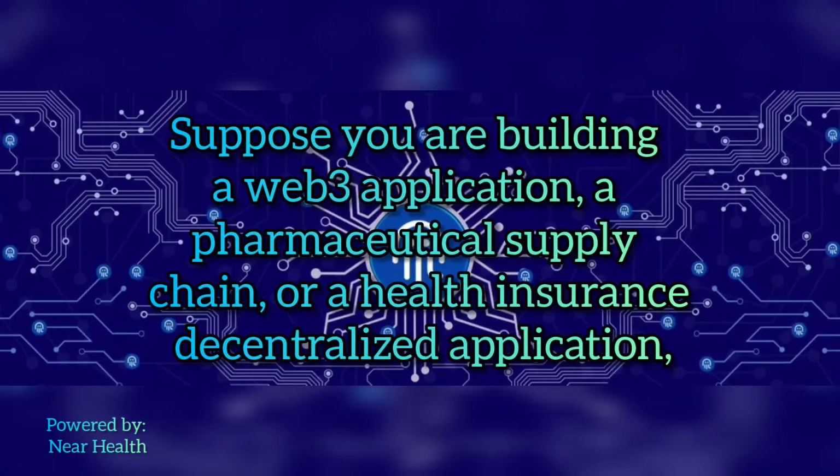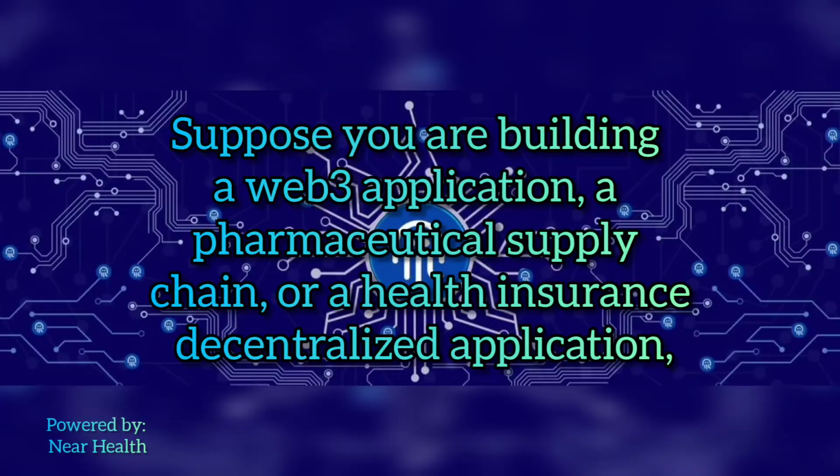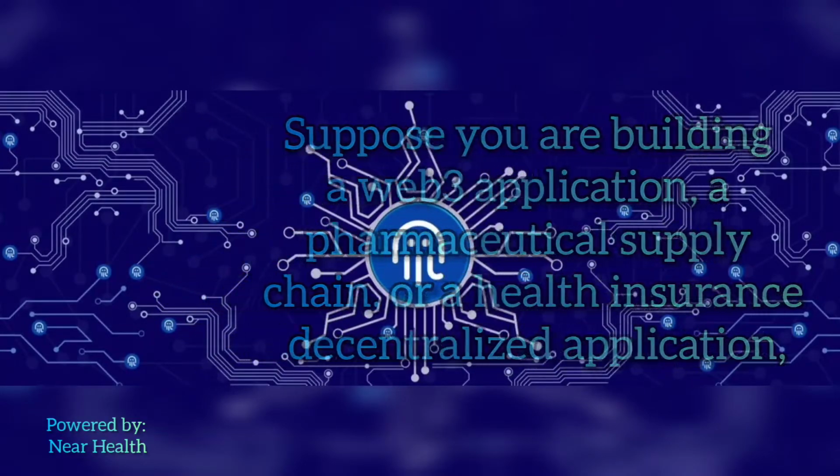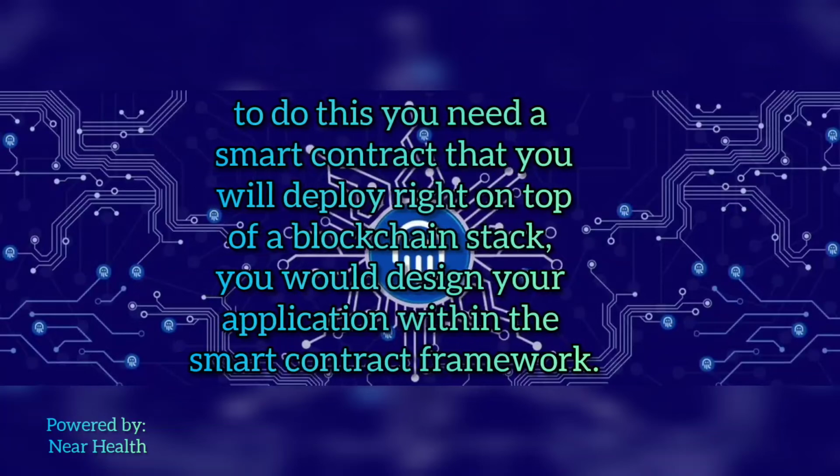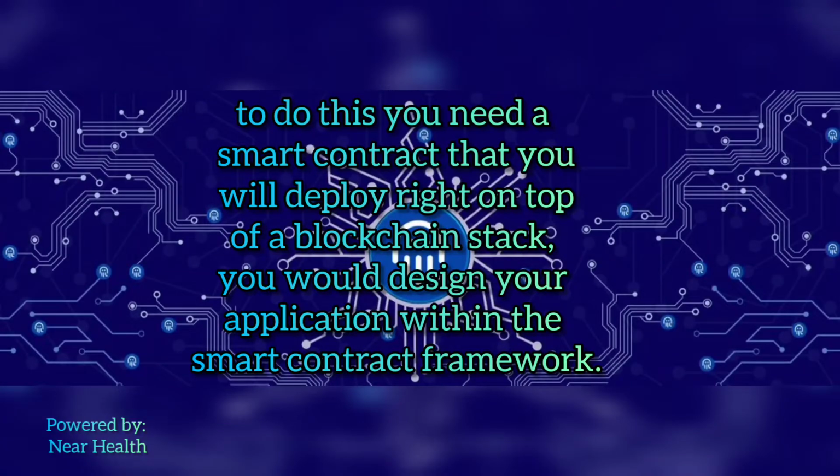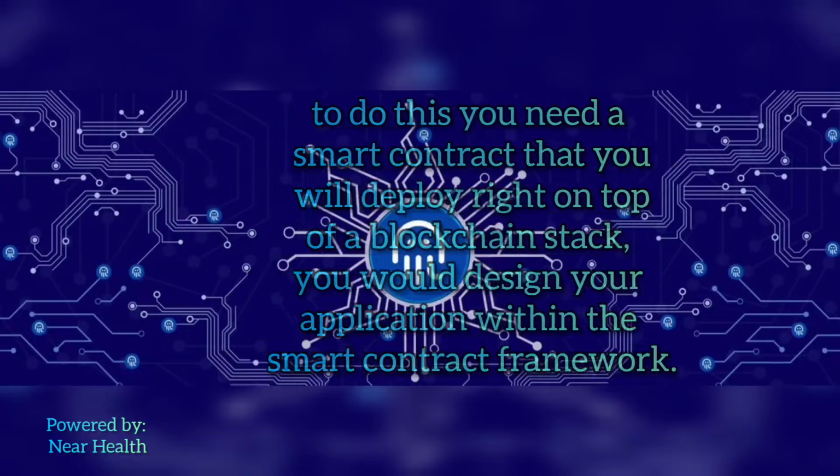Suppose you are building a Web3 application, a pharmaceutical supply chain, or a health insurance decentralized application. To do this, you need a smart contract that you would deploy right on top of a blockchain stack. You would design your application within the smart contract framework.